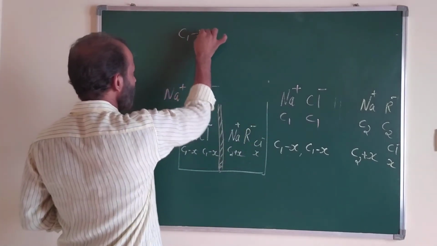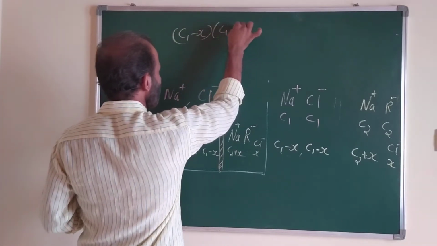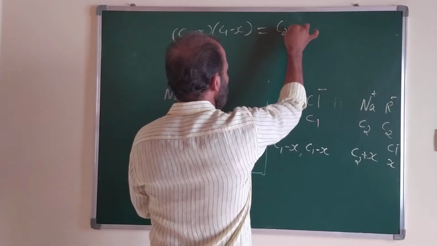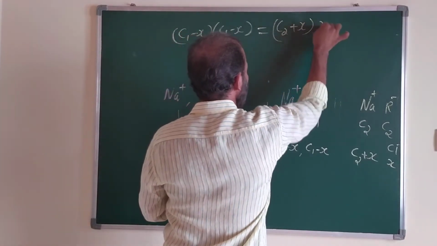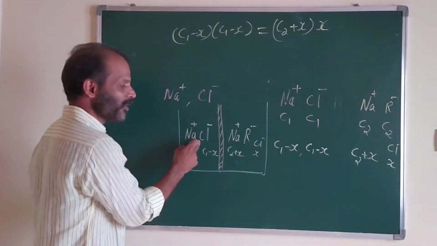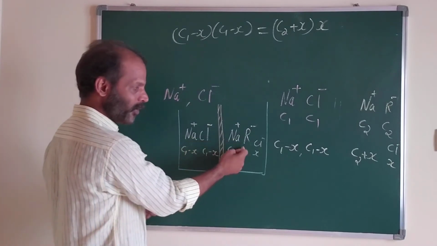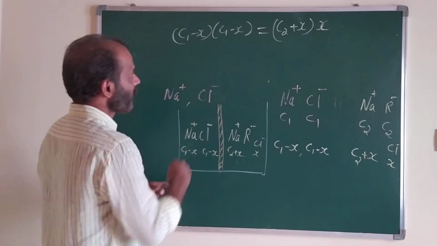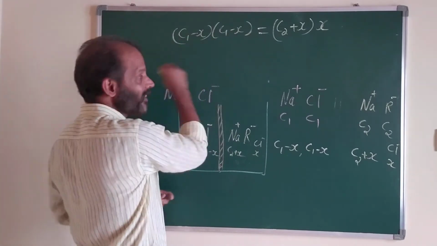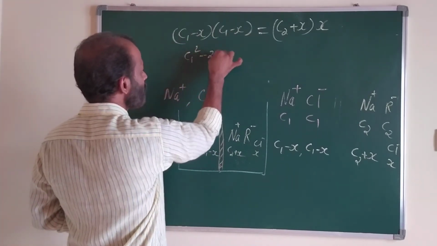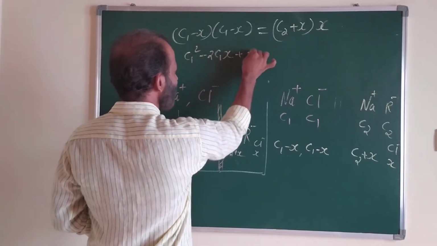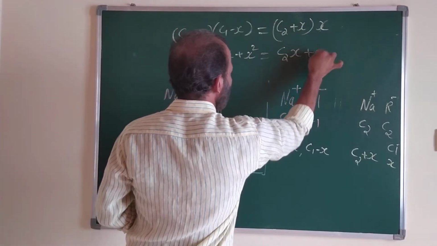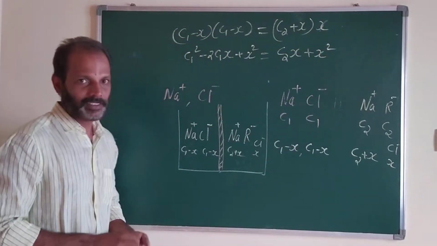So C1 minus X into C1 minus X should be equal to C2 plus X into X. Concentration of Na plus into concentration of Cl minus equals concentration of Na plus into concentration of Cl minus in the other chamber. So (A minus B) into (A minus B) gives C1 square minus 2 C1X plus X square, which is equal to C2X plus X square. Right?